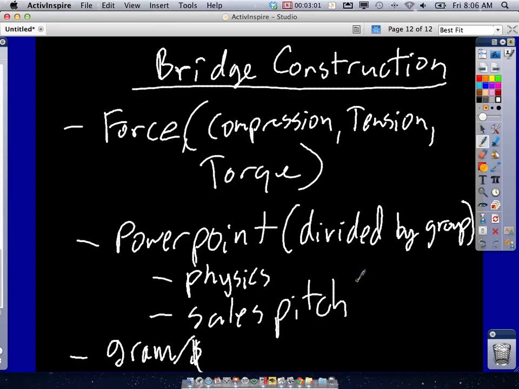They win the contract. So the lowest, I guess, weight to load ratio. No, the highest. I should say load to weight. So the group that has the highest load to weight ratio wins the contract.